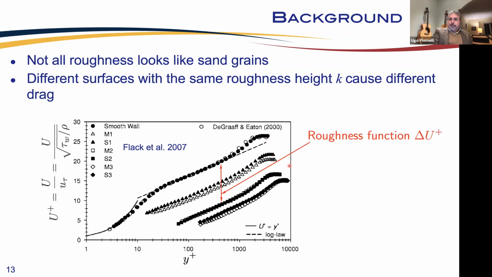This shift is called the roughness function, delta u. So the larger the shift, the more the increase in drag, and we can use the roughness function as an analog to give us an indication of the change in the drag.